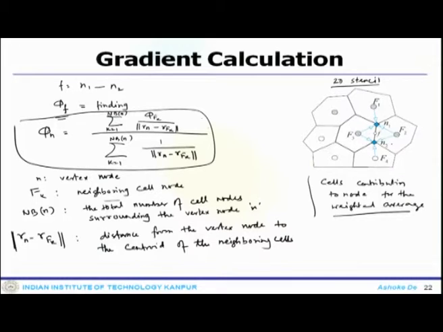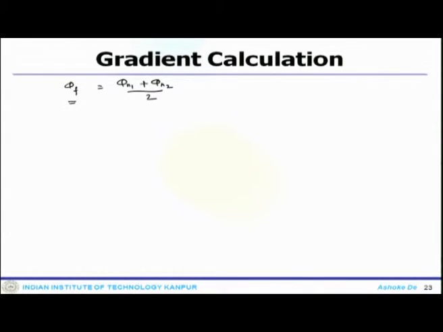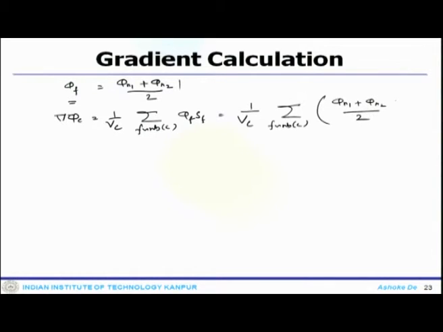So using this sort of an inverse distance calculation at n1 and n2 we can find out, and once we find out n1 and n2, the surface flux or the variable could be obtained using some sort of an arithmetic mean, and similarly the gradient would be calculated as 1 by Vc summation of F in NBC phi f SF, which is 1 by Vc summation of phi n1 plus phi n2 divided by 2 at F SF.